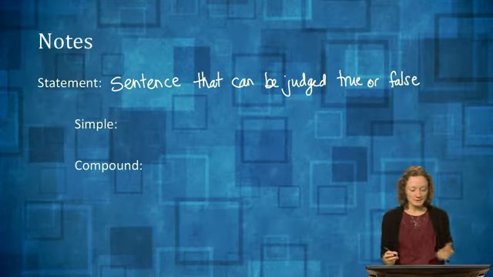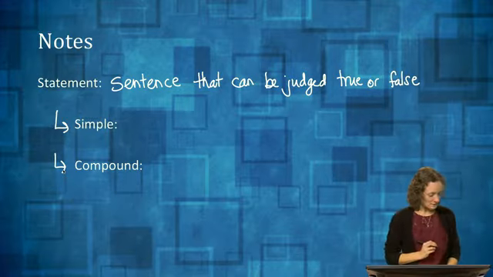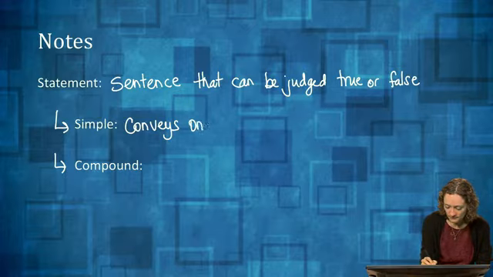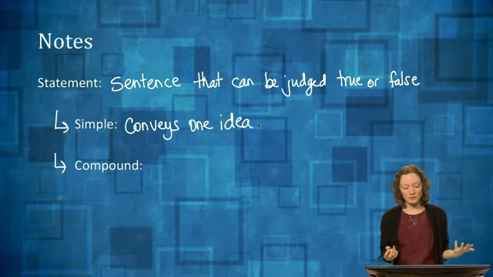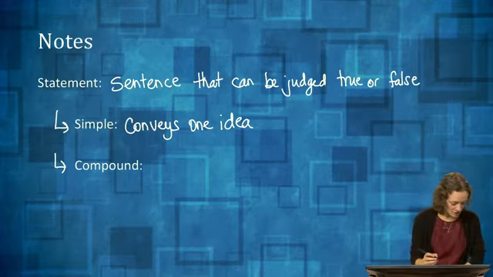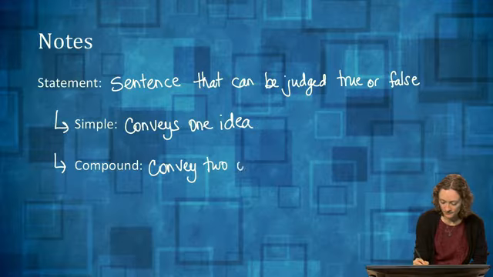Okay, then we have two types of statements that we will see throughout the chapter. Simple and compound statements. A simple statement conveys one idea. We won't see many of those, but we'll certainly see them. And we'll also see compound statements, which convey two or more ideas.